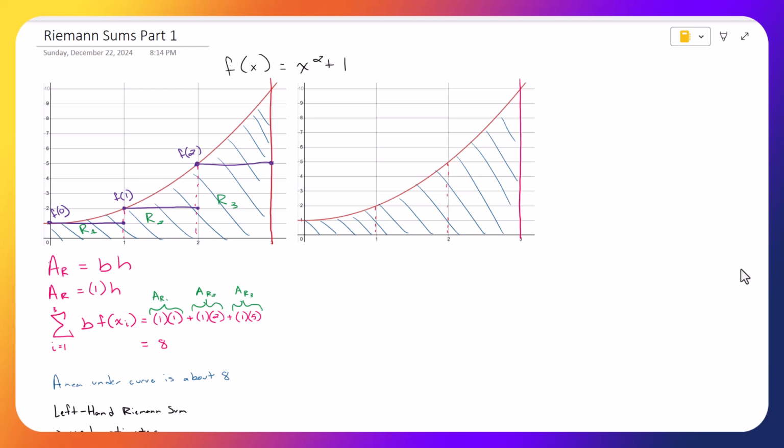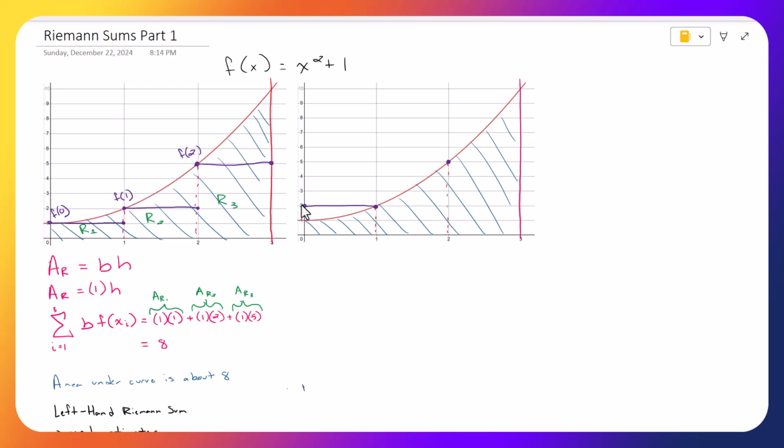So now, instead of going from the left, I'm going to go from the right. So what color did I use? I used purple. So instead of starting at 0, I'm going to start at 1, and I'm going to go to the right and draw my rectangle. Then I'm going to start at 2 and draw my rectangle.